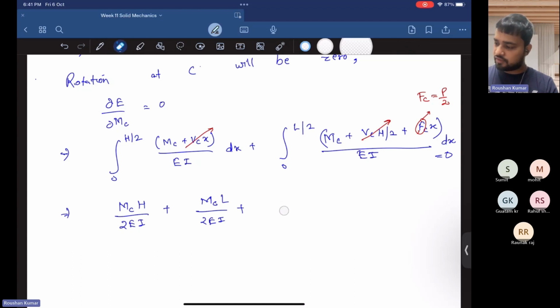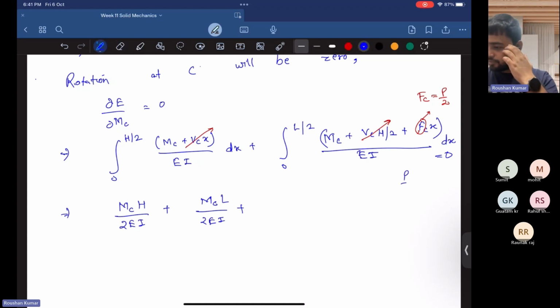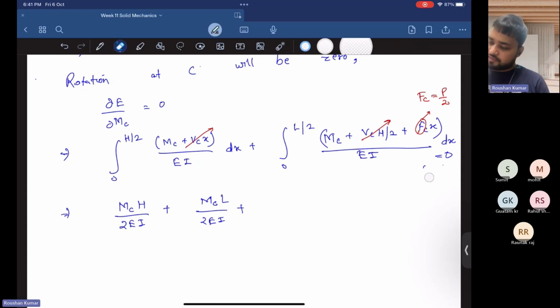Fc is P by 2, integral over 0 to L by 2 of x, so x becomes x square by 2, and L here is L by 2, so it becomes L by 4, that is L by 8, so 16.